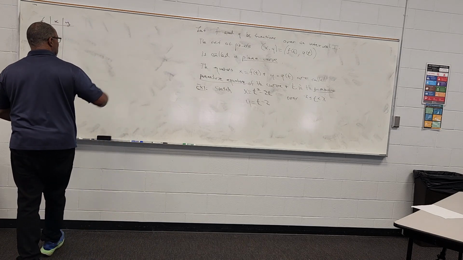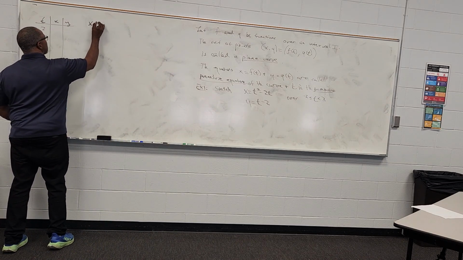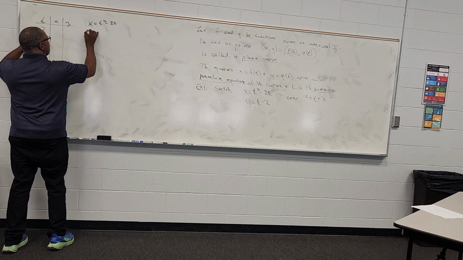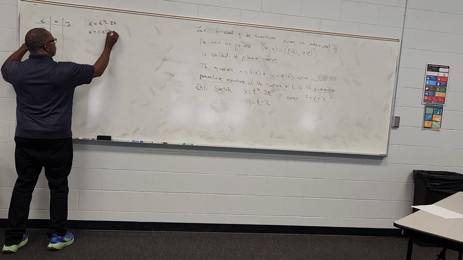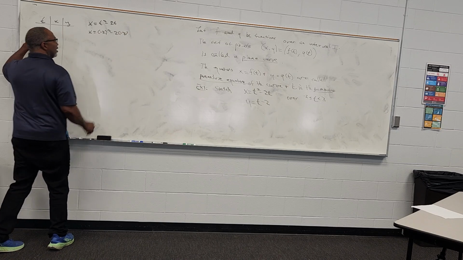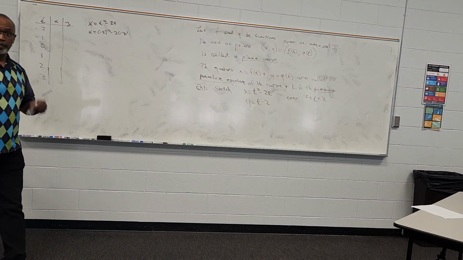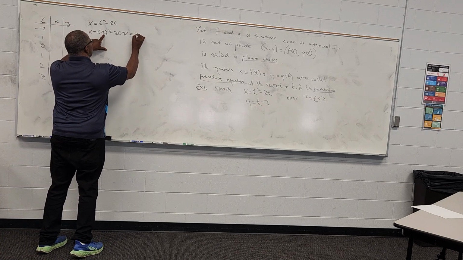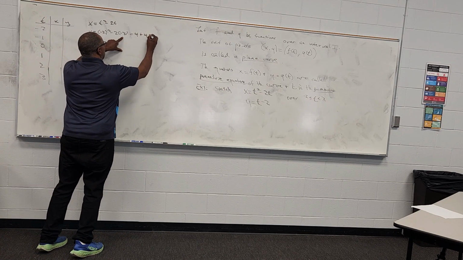So x is t squared minus 2t. When t is negative 2, x would be negative 2 squared minus 2 times negative 2. Negative 2 squared is 4, negative times a negative makes plus 4, that's 8.